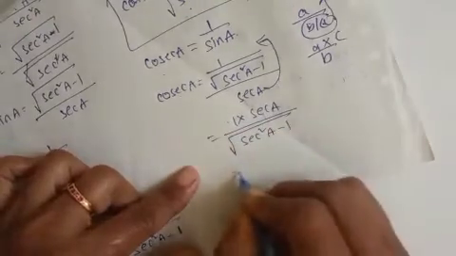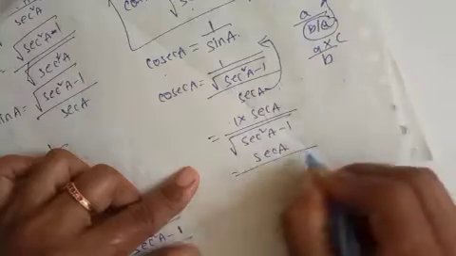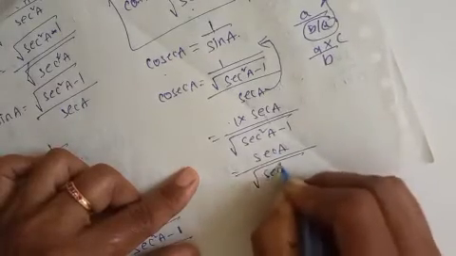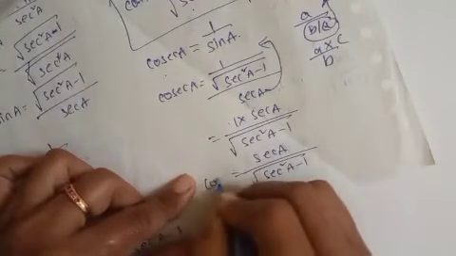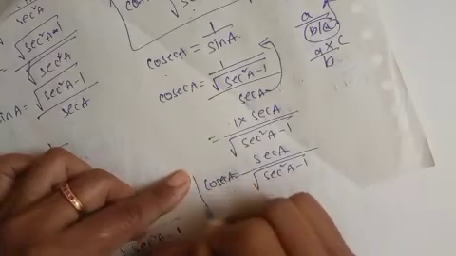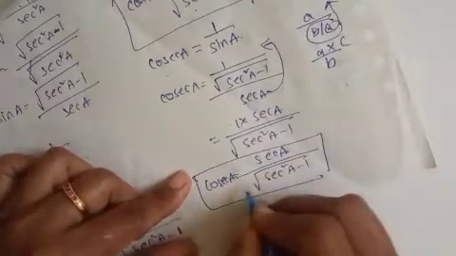So secant A divided by square root of secant square A minus 1. This is the cosecant A value in terms of secant.